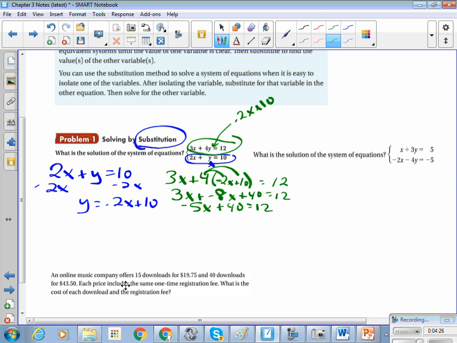I'm going to subtract 40 from both sides. And I get negative 5x equals 12 minus 40. I believe that is negative 28. Divide both sides by negative 5.